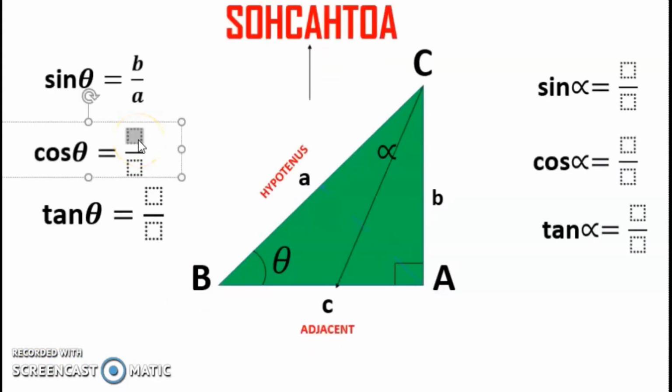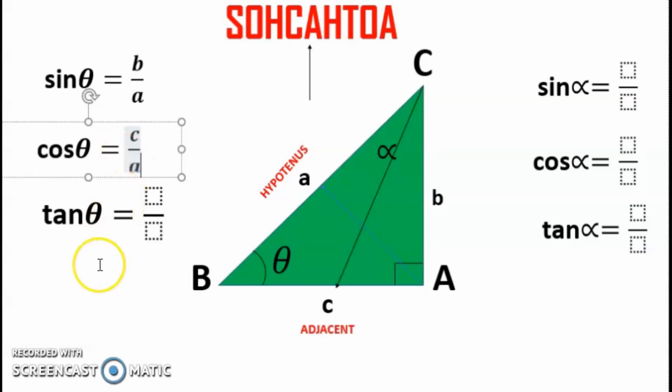Our adjacent is C, over our hypotenuse, small letter A. So we have cos theta is equal to C over A.